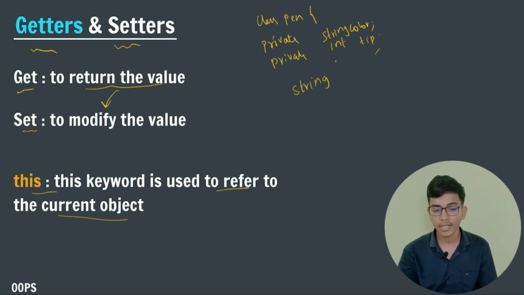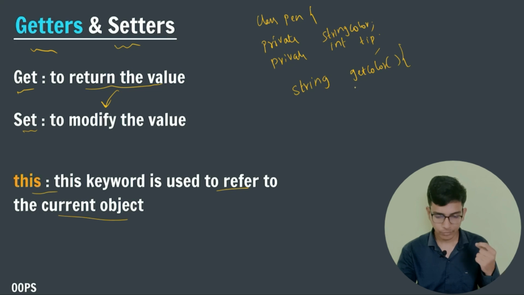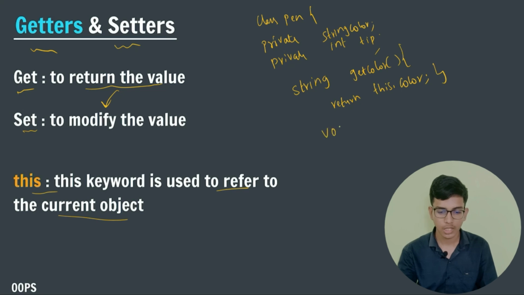So I'm writing string get color, which returns this dot color. After it I'm setting the tip of my pen, set tip, or you can write here set color. So I want to set the color.